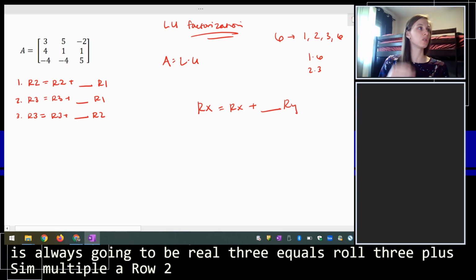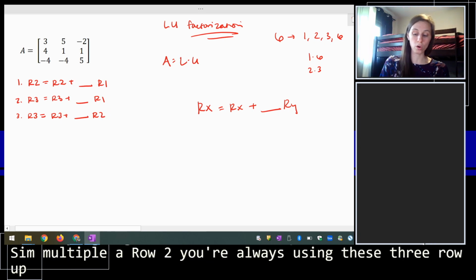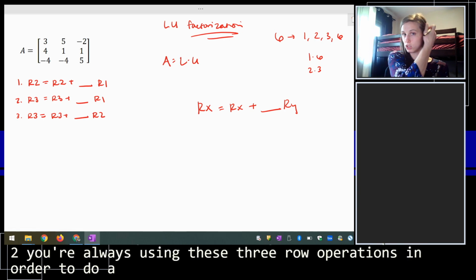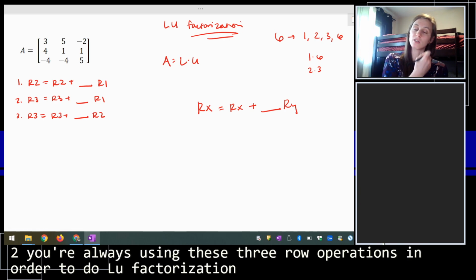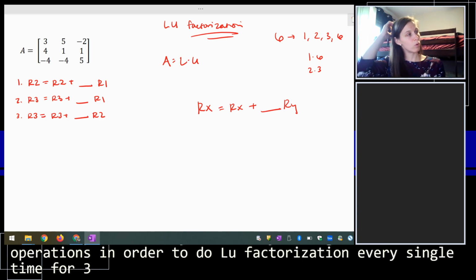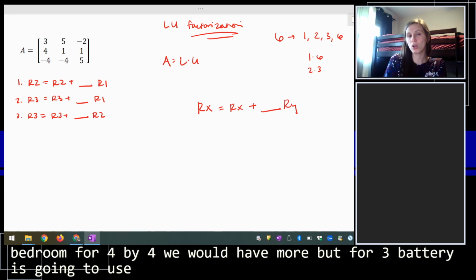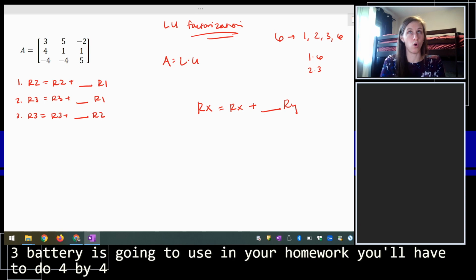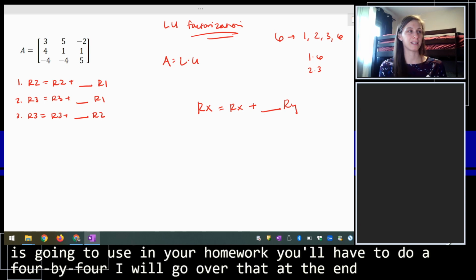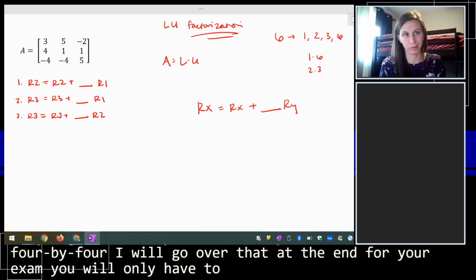We are always using these 3 row operations in order to do LU factorization, every single time for a 3 by 3. For a 4 by 4, we would have more, but for a 3 by 3, these are the ones we use. In your homework, you'll have to do a 4 by 4. I will go over that at the end. For your exam, you will only have to deal with a 3 by 3.